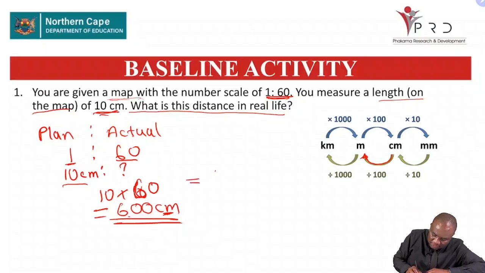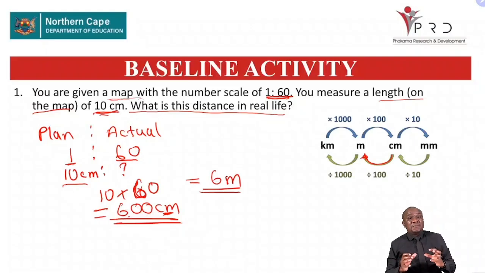So the answer here should be 6 meters. So these 10 centimeters on the plan represent 6 meters on the ground. When I'm saying on the ground, I'm talking about the real dimensions, or the actual length, or the actual dimension. So that's what we do then.